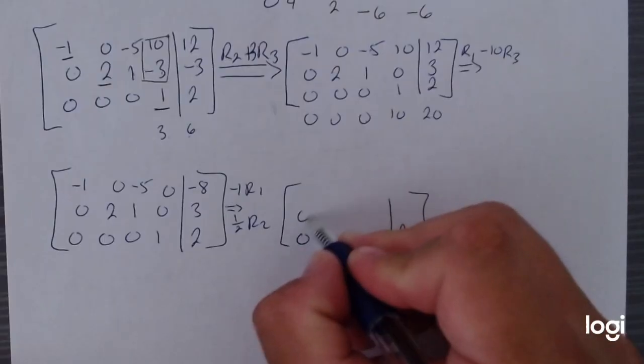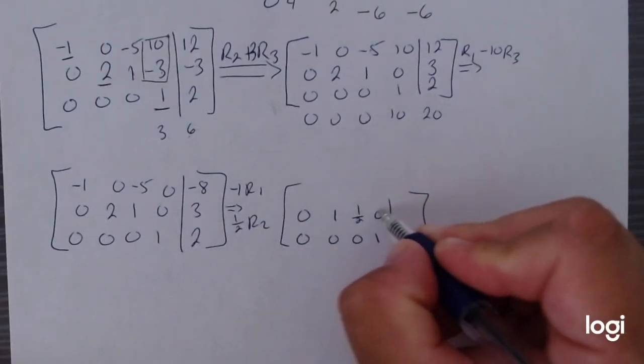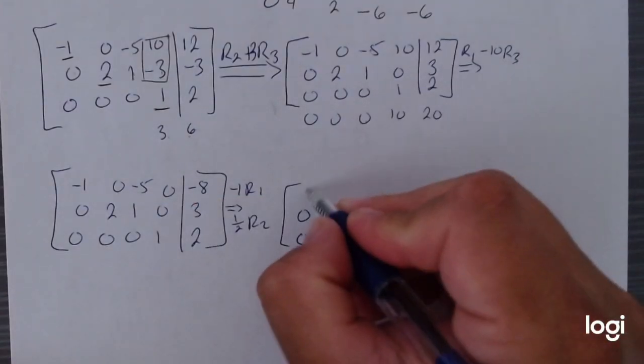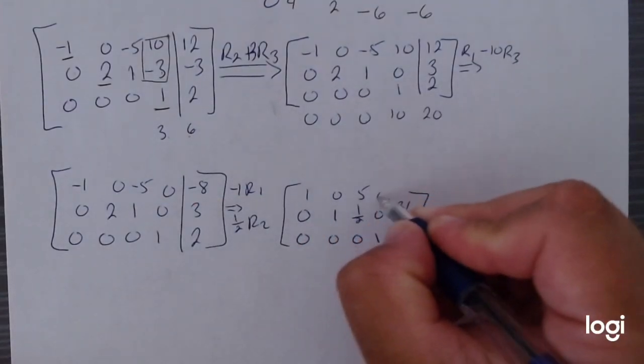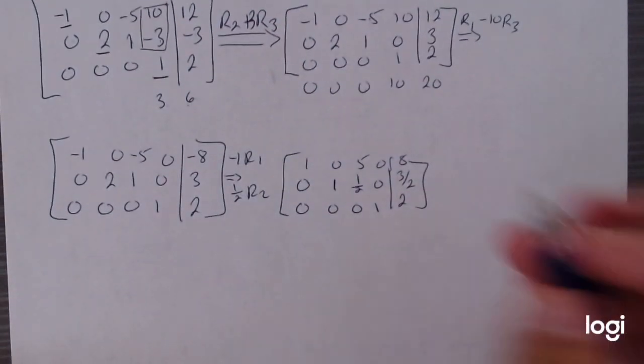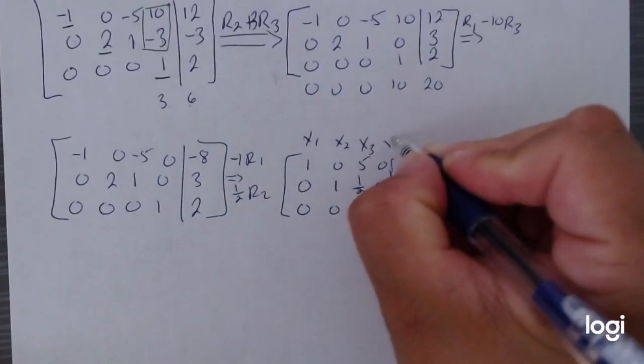So divided by 2 gives you the 1. This is 1/2, 0, and 3/2. On top, it just changes the signs. Okay, and again, just remembering what our variables were.